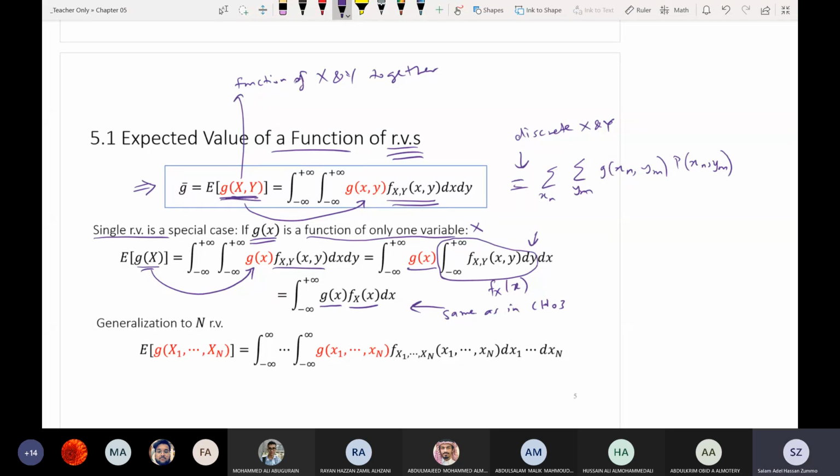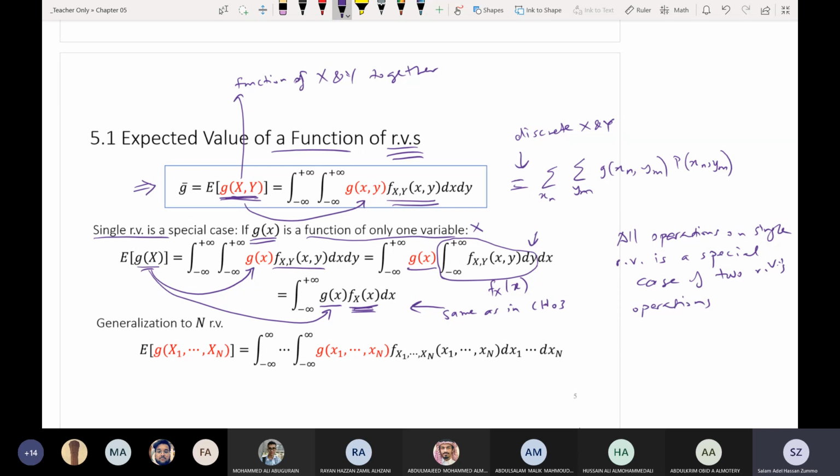Right? So basically this is what we have done already in chapter 3. The expected value of g of x is simply whatever inside here comes next to fx, because this is a function of x only. So we can see that all the operations on a single random variable are a special case of two random variables operations.